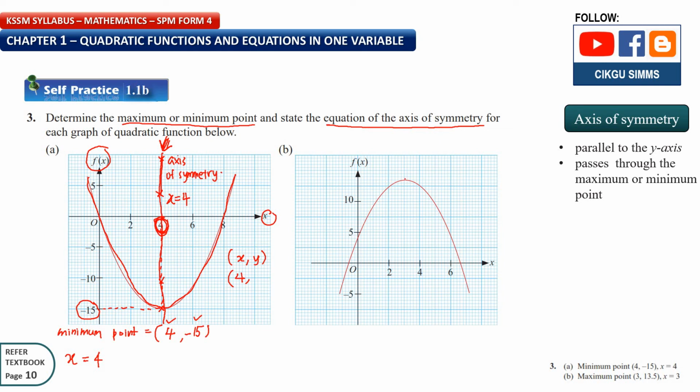We need to find the maximum point. This point is a maximum point. So you write maximum point x and y. Your x is 3. Your y is this one: 11, 12, 13, 13.5.